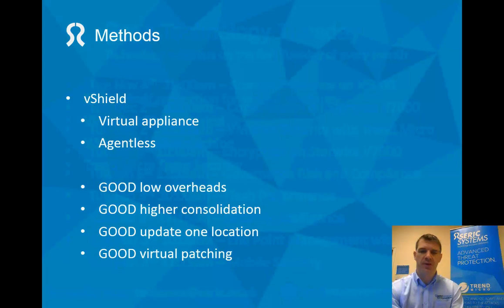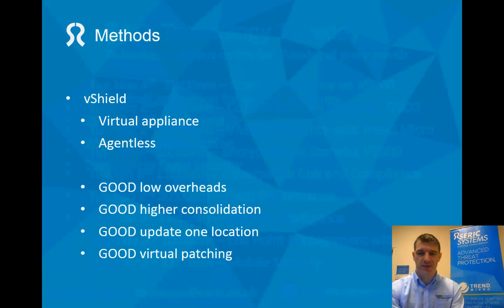Just to take the example that we said, if we've got, say, 200 VDI machines, in the traditional way of doing it, you've potentially got 200 scans going on at the same time, or you have to manage them and stagger them. You'll have 200 things to update.